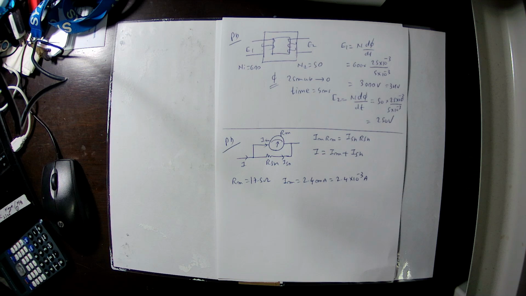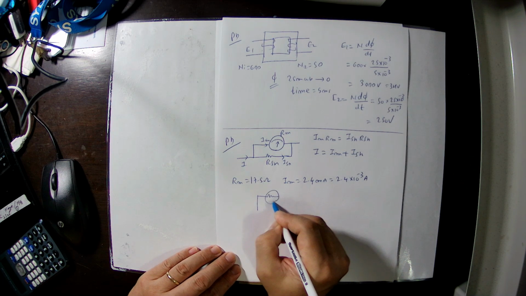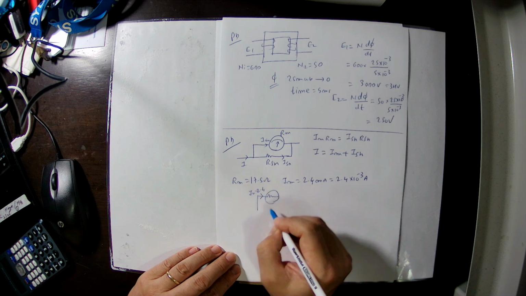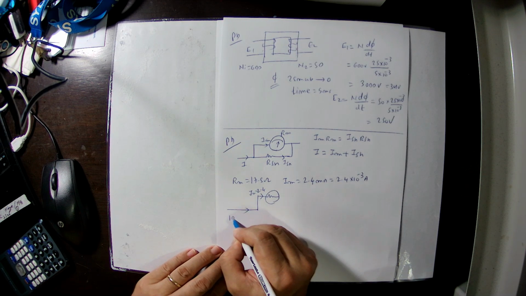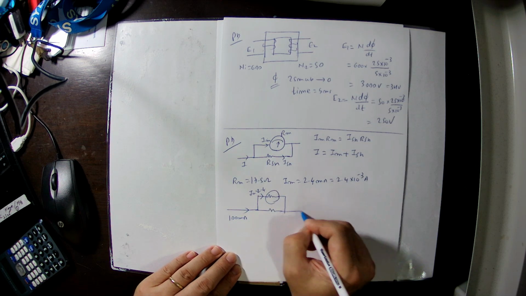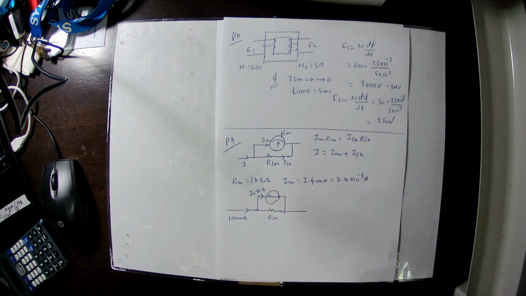The meter only allows IM of 2.4 milliampere, but the total current is 100 milliampere. So we need to calculate the shunt resistance.